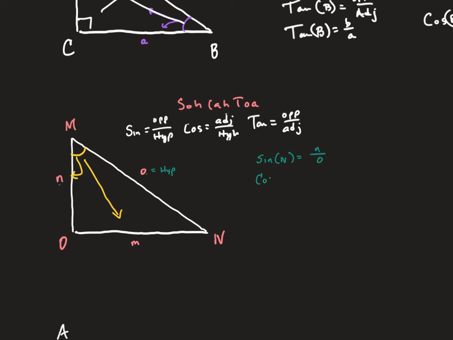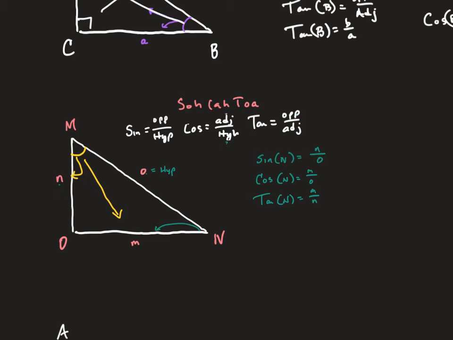And then the cosine of angle N is going to be the adjacent over the hypotenuse. So the adjacent to angle N is going to be m over the hypotenuse, which we said was o. And then my tangent of N is going to be the opposite, which we said was n, over the adjacent, which we said was m.